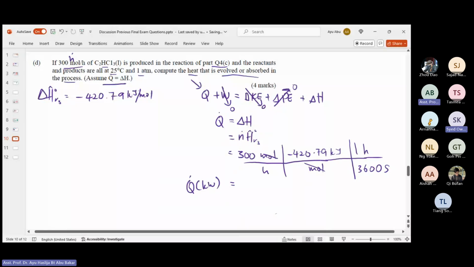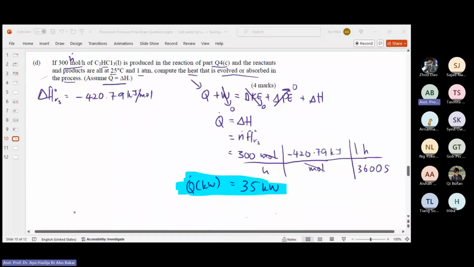Minus 35.06. Yes, 35 kilowatt. Negative 20. 35 kilowatt. Okay.